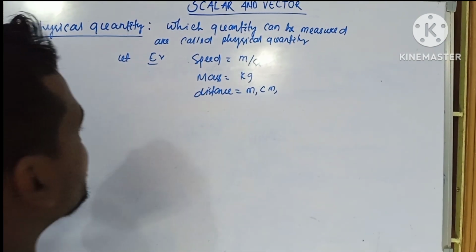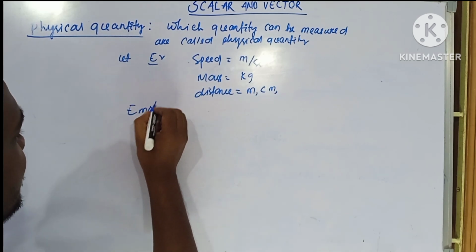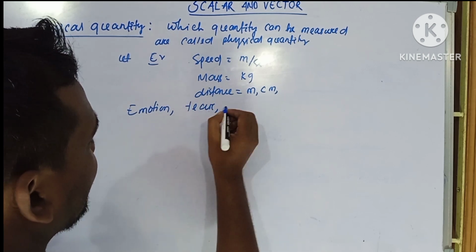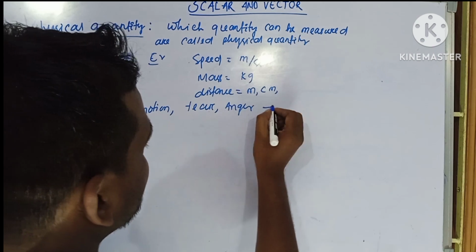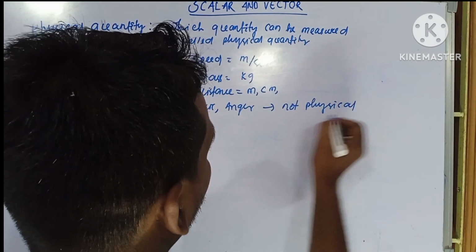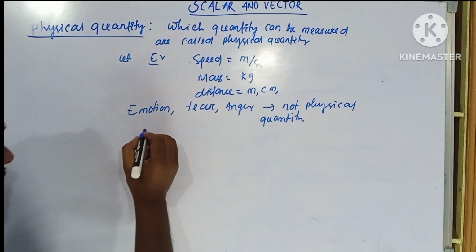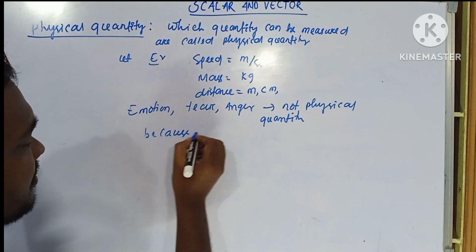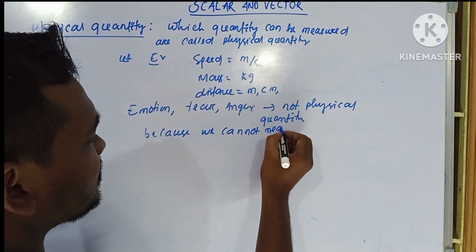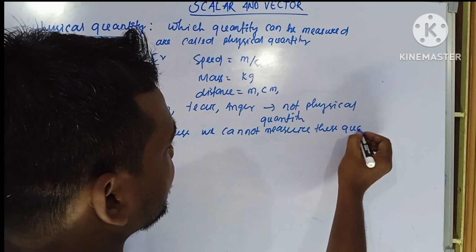Now some examples of quantities which cannot be measured: emotion, tear, anger. These are not physical quantities, because we cannot measure these quantities.